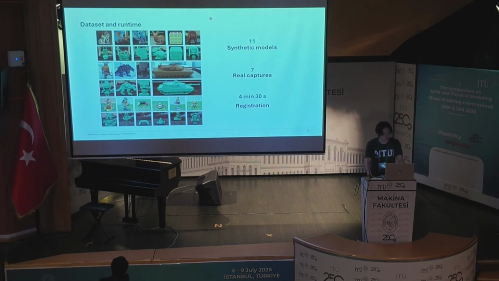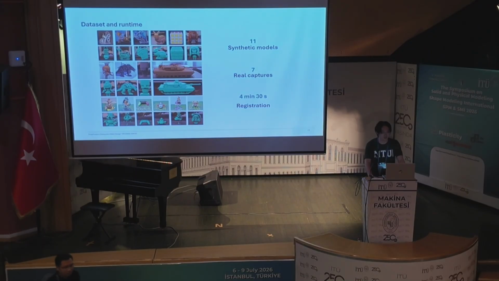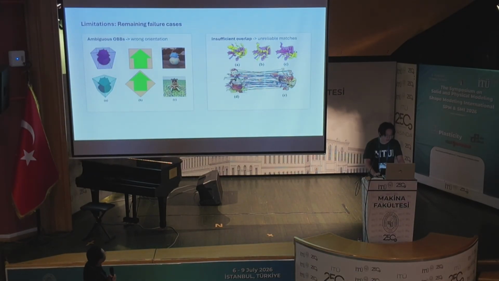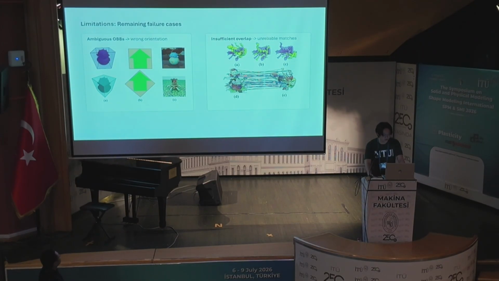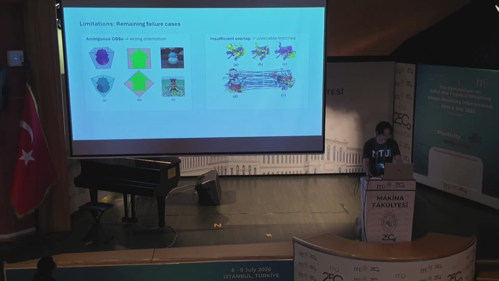This can be split into two cases. The first case is where the OBB is ambiguous, for example, this cube. This cube, of course, has multiple plausible OBBs, as also shown in this failure case, but we can register it successfully because it has different face colors. So the image feature can solve that. However, for these failure cases, for example, this toy and this synthetic model, the image feature is also similar when you view it in the same direction.